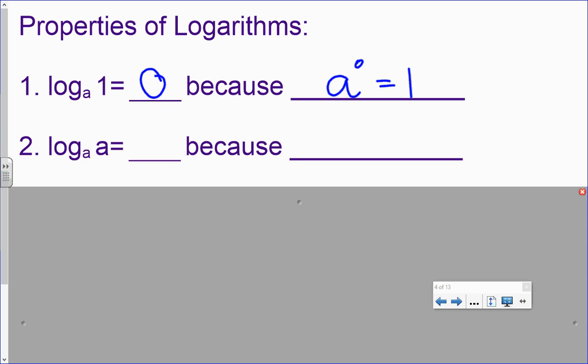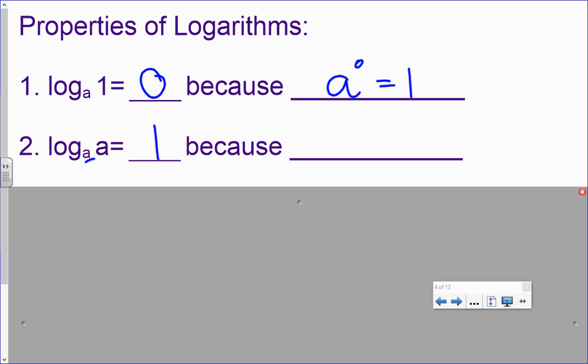Log base A of A, write it down. Think about what you would evaluate it to be. Log base A of A, what do you think? 1.